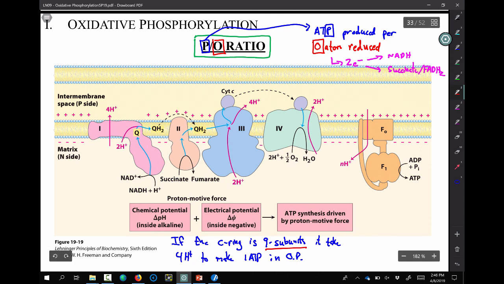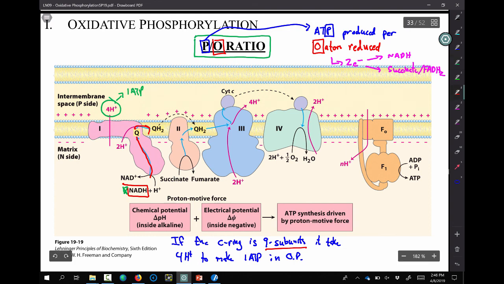Well, let's look up here, okay? NADH moves electrons into complex 1 onto coenzyme Q. We talked about that process. That will lead to the translocation of 4 protons, okay? That's 1 ATP, because those 4 protons will come back into the matrix of the mitochondria and make an ATP.